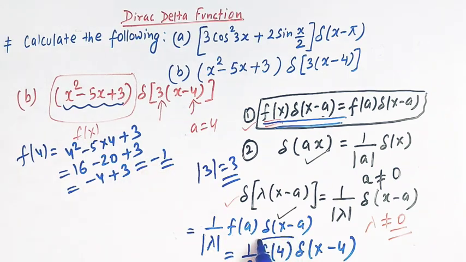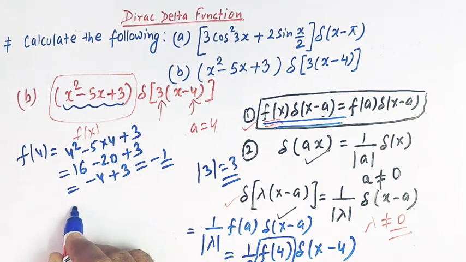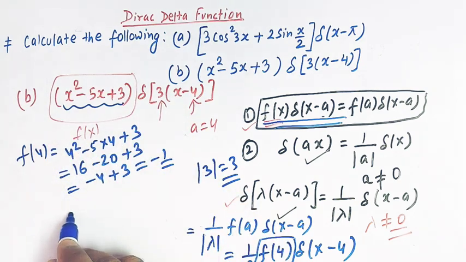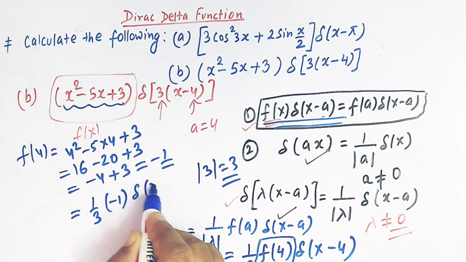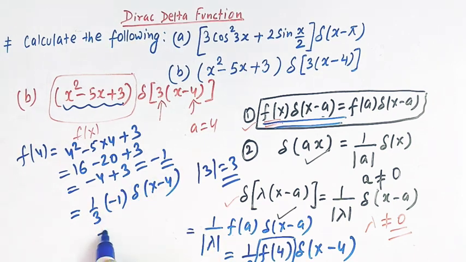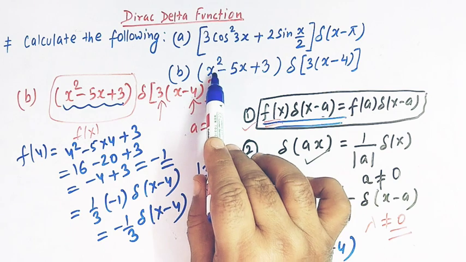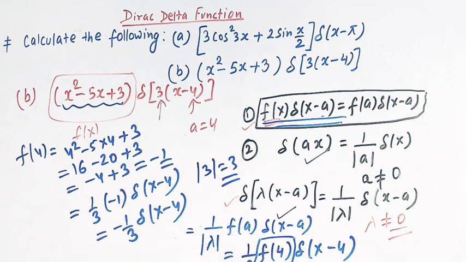So f of 4 may be replaced by minus 1. So the value of this expression is 1 over 3 times minus 1 times delta of x minus 4, that is minus 1 over 3 delta of x minus 4.